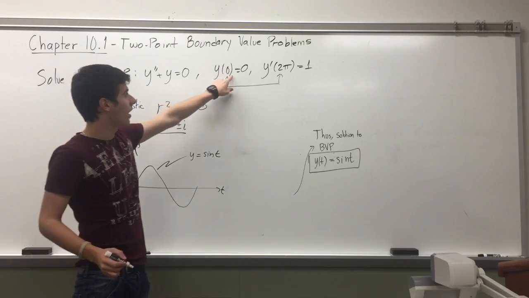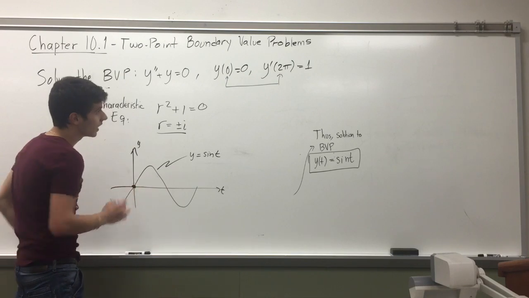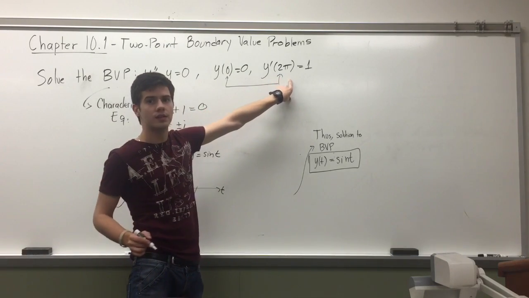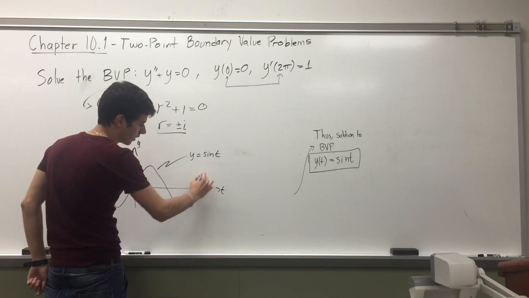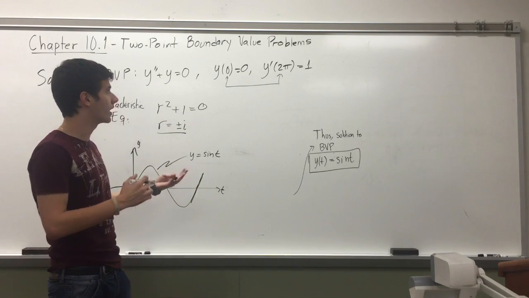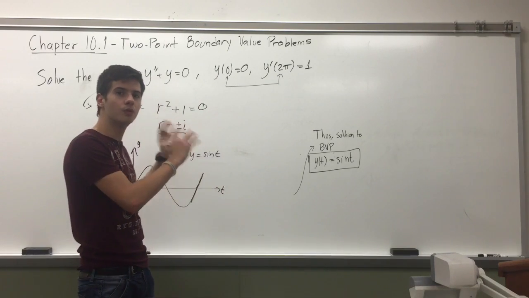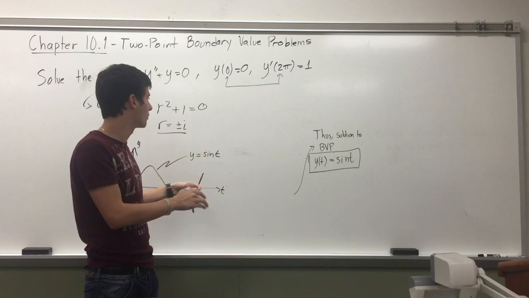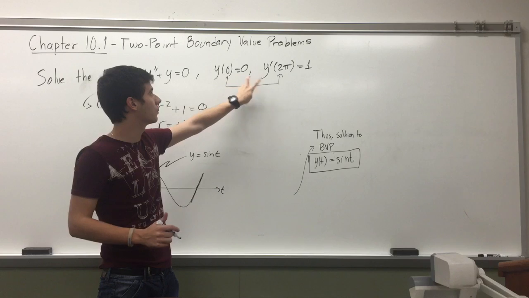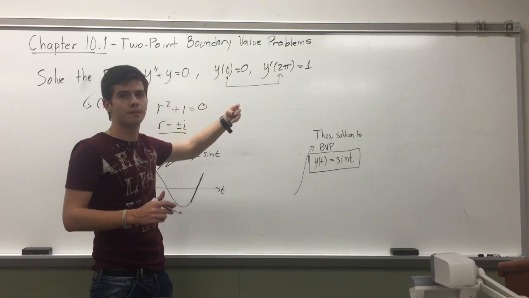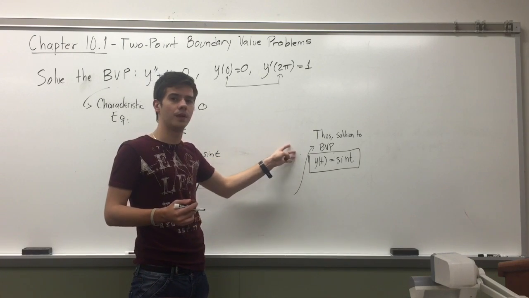We know that y of 0 is equal to 0. That is our first condition. So we're given this point here, and y prime of 2 pi is equal to 1. So we're also given this slope here. So this is how we connect this information. We do the characteristic equation and solve the problem normally, but then we use our boundary conditions to find the solution to our BVP.